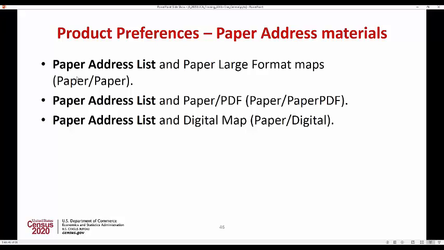And for your product preferences, you get a paper address list and you get a large format map. It's like 30 inches by 30 inches. And you can get paper address lists, and you can get PDF maps where you could print out the PDF and get these maps.